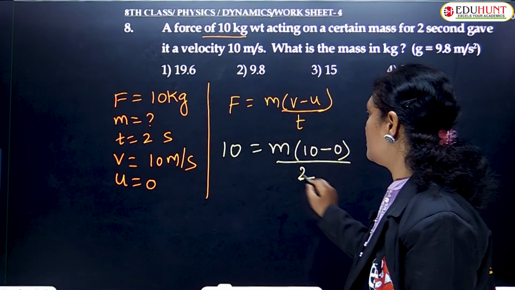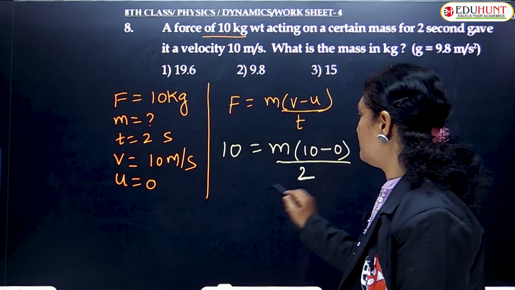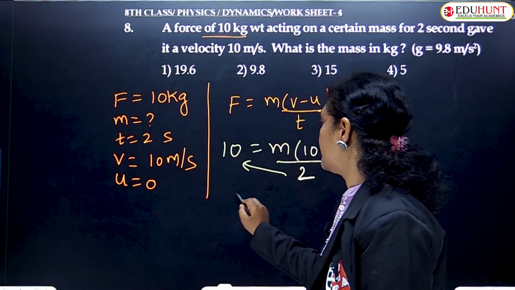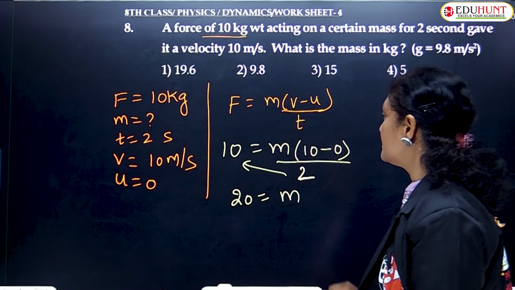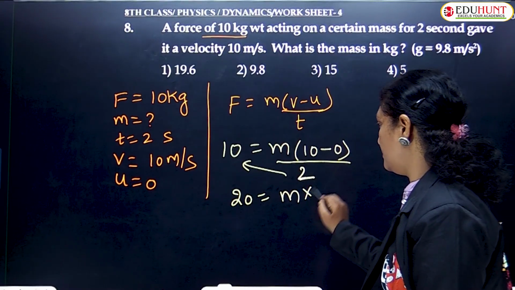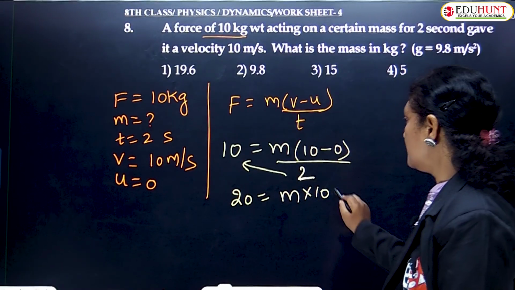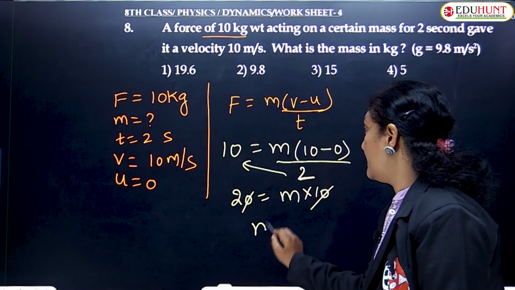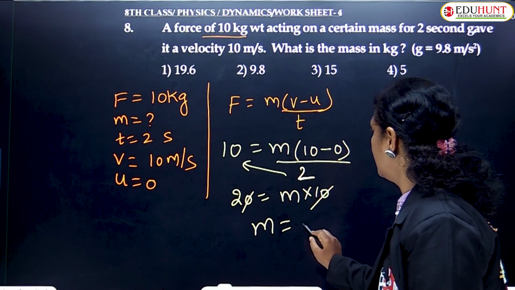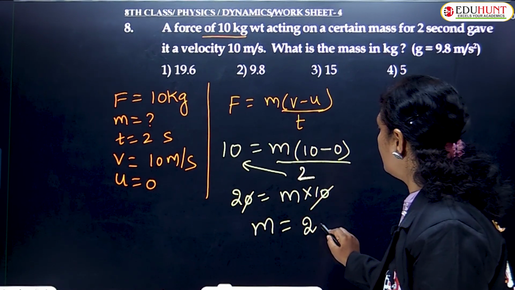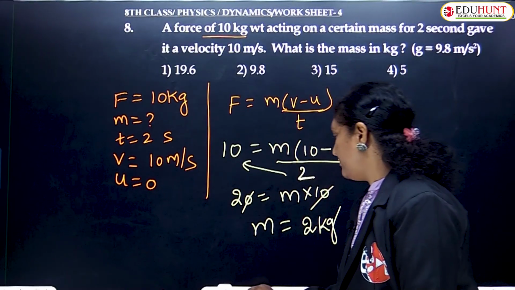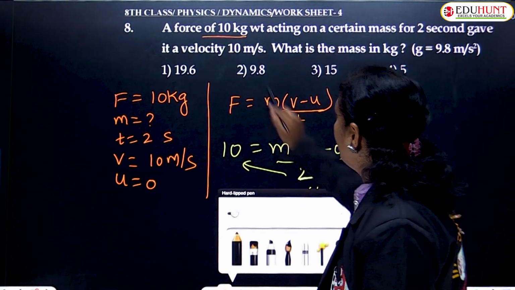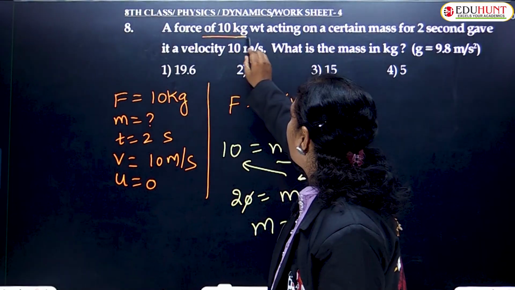So bring this to the other side, then how much it will be, children? Bringing this to the other side, 20 equals M into 10 minus 0 is 10, M into 10. This 0 and this 0 get cancelled, hence the mass is found to be 2 kg.